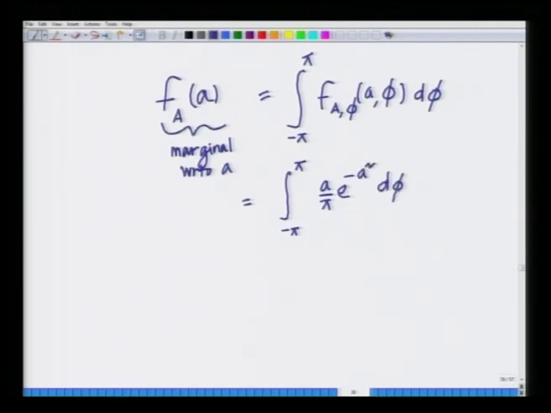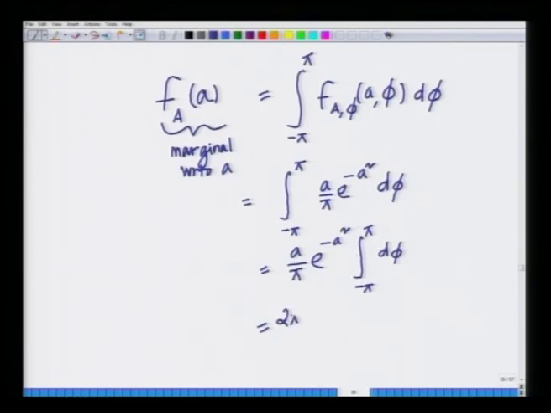As you can see, there is no term in this integrand here that depends on phi, hence this comes out of the integral, and this can simply be written as a over pi e power minus a square times the integral from minus pi to pi of d phi, and the integral from minus pi to pi of d phi is 2 pi.